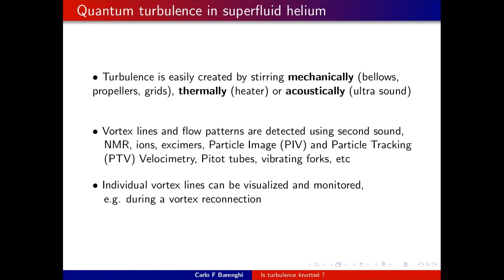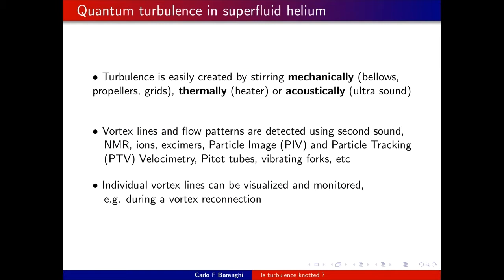You can stir the fluid mechanically, and typically you can use propellers, bellows, you can use heaters to excite the system thermally, or acoustically. In atomic condensates, you can use lasers as spoons. So turbulence is easily created, and there are many, many techniques to detect these quantum vortices.